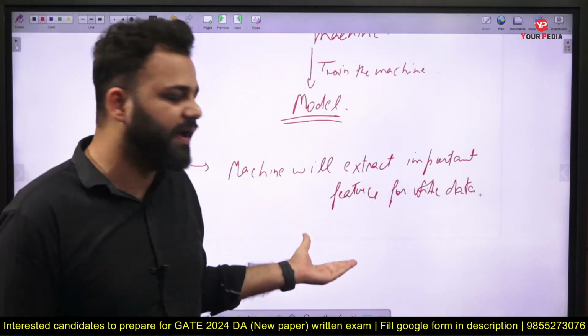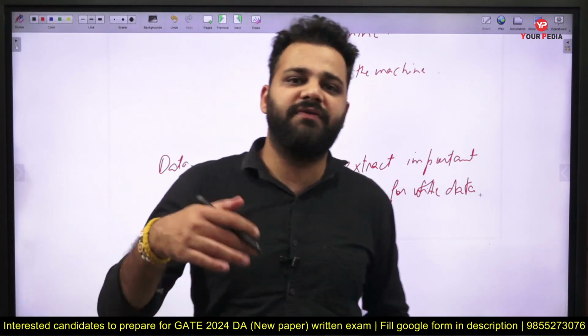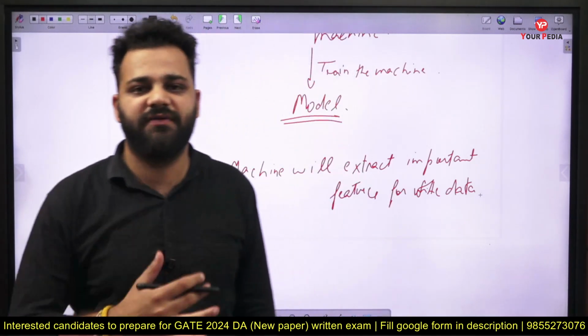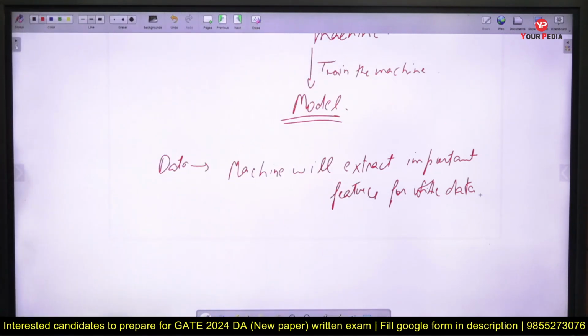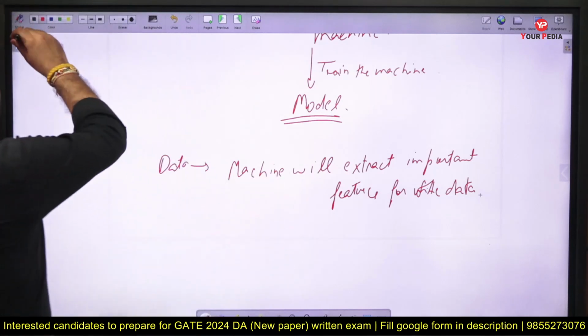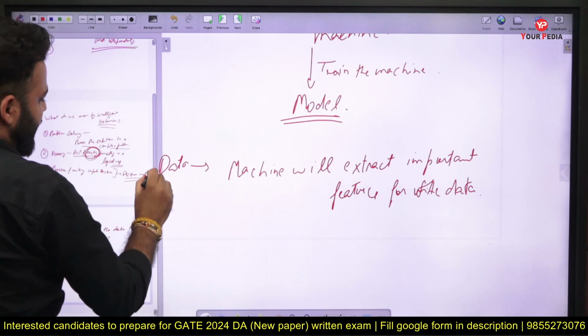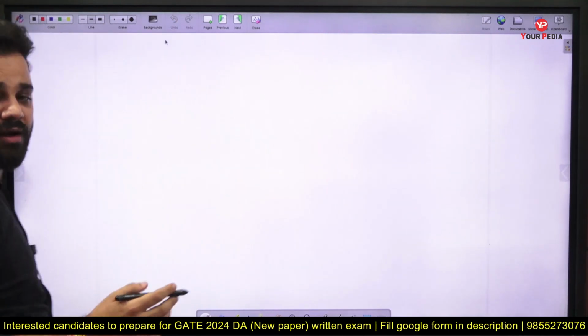It will train on that data, it will create a model, and when the model is ready, we will give it some input data and it will give us some output of that data. Now in order to do all this, we will use machine learning algorithms. There are multiple machine learning algorithms that are present and that are being made nowadays.